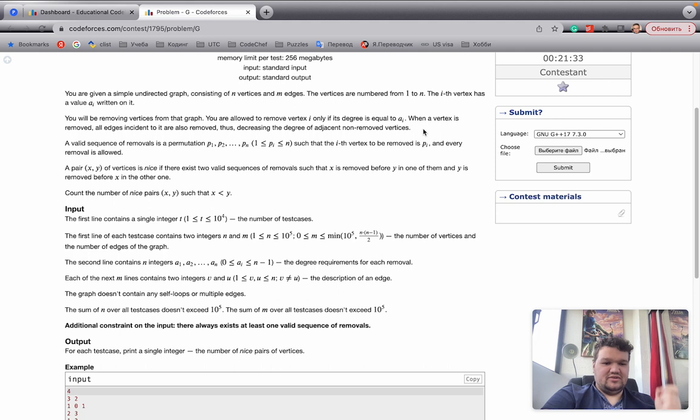When the degree becomes equal to a_i, we cannot decrease it further.